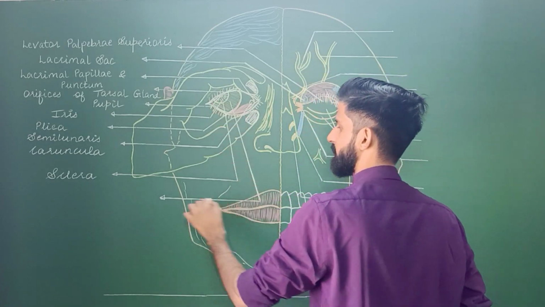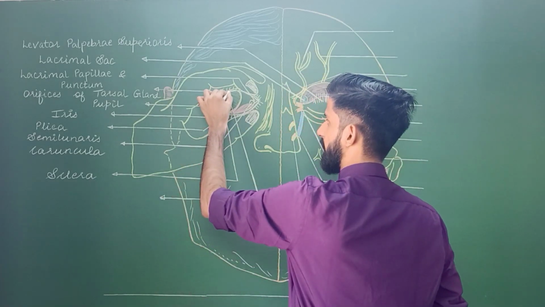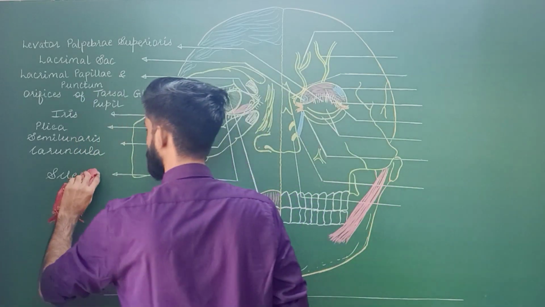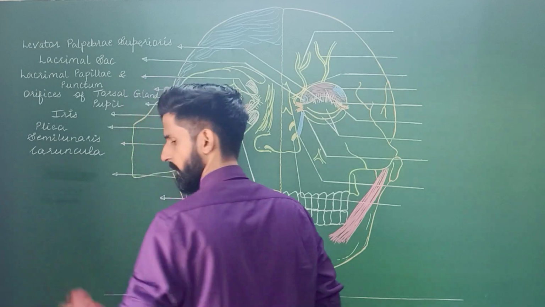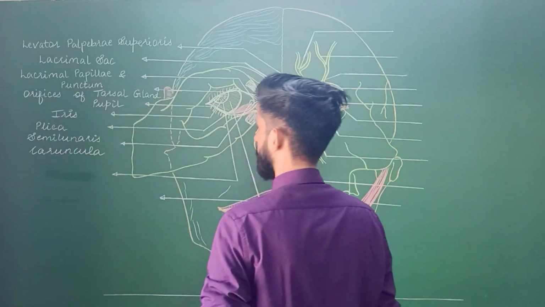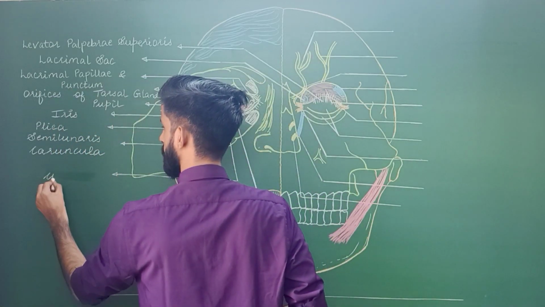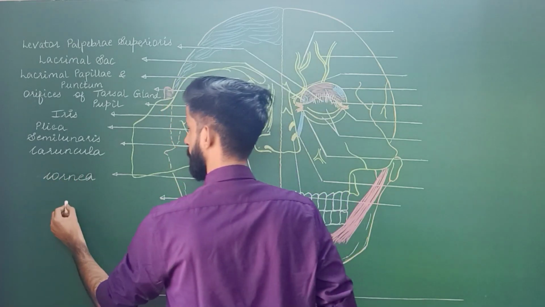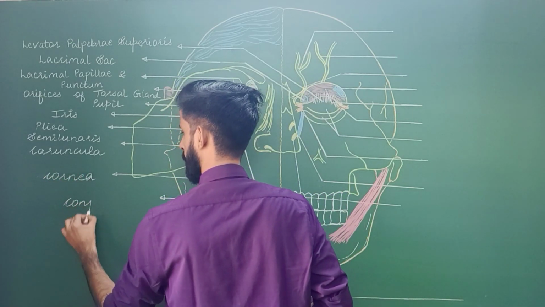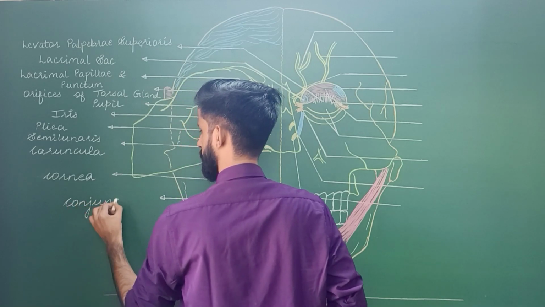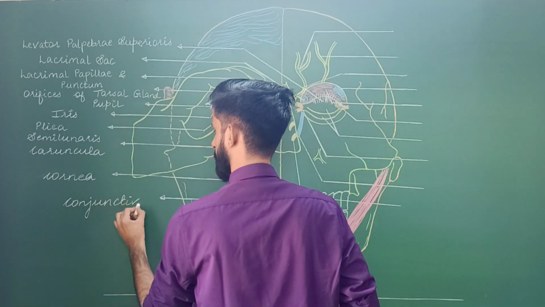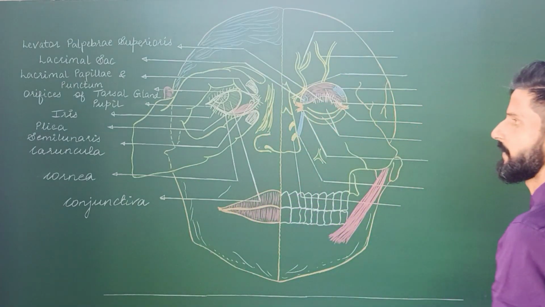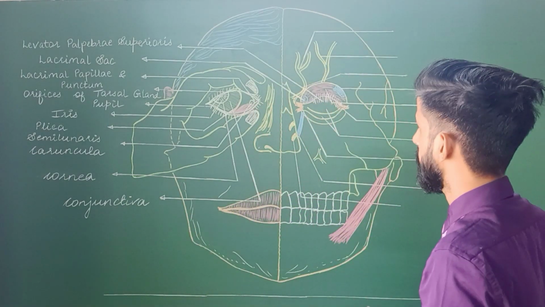Let's name this as conjunctiva covering the sclera, and this margin let us take it towards cornea. So let us put this as cornea and this as conjunctiva. Both are transparent membrane which is covering the anterior surface of the eyeball.